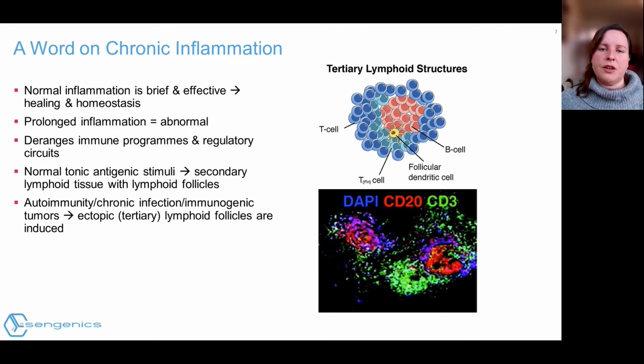That chronic inflammation ends up recapitulating the normal mechanisms that give rise to secondary lymphoid tissue and instead gives rise to ectopic or tertiary lymphoid follicles or structures in that tissue, which can be either helpful or harmful in a context-dependent manner.